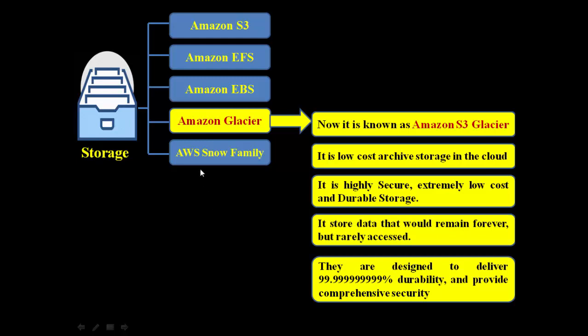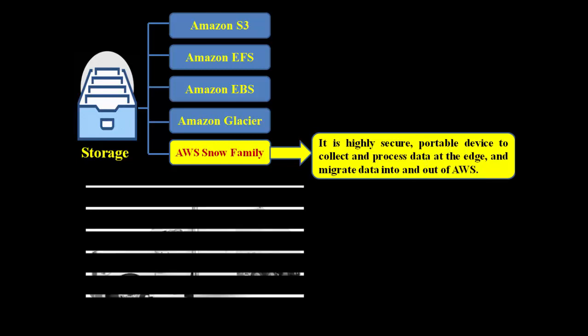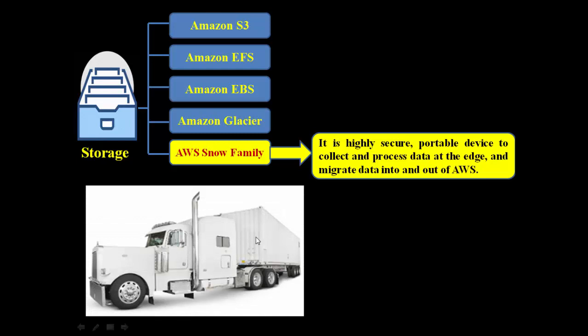Now our next storage service, that is our AWS Snow Family. It is a highly secure portable device to collect and process data at the edge and migrate data into and out of AWS. Actually, it is a portable device that is basically used to collect data and transfer it to the AWS. So a large amount of data can be collected from different locations and will be migrated to the AWS.